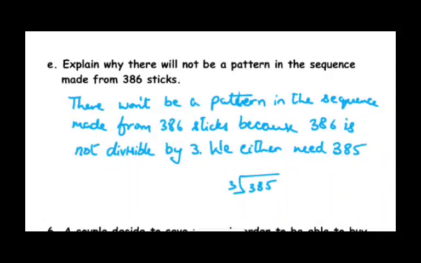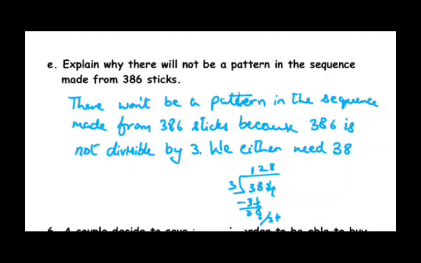No, not even 385. 384. Let me check. 3 ones are 3. 0, 8. 3 twos are 6. 2, 8s.